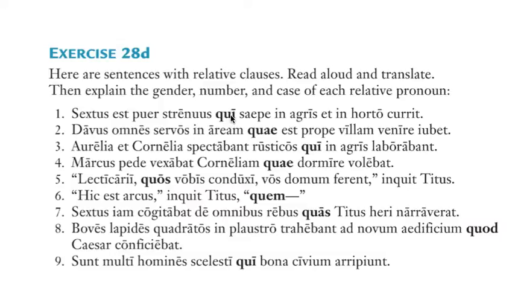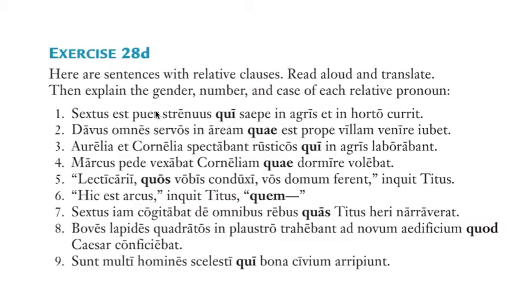So a relative pronoun takes its gender and its number, gender meaning masculine, feminine, or neuter, and number meaning singular or plural, from its antecedent. Antecedent is a word that, of course, comes from Latin too, and it means falls before or goes before.